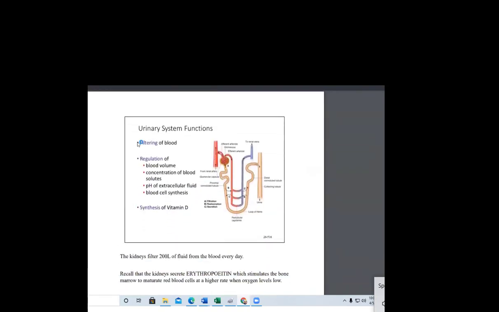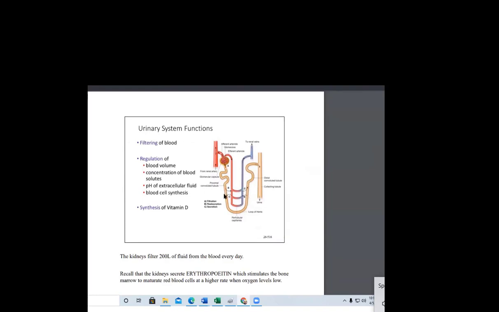Like I said, functions of the kidneys are filtering blood, and through hormones and solute concentration, like diffusion, we see that the capillary, the glomerulus, is very porous, and we have active transport and osmosis occurring in the cells that line the nephron, which is the structural and functional unit of the kidney, which we're going to talk a lot about.